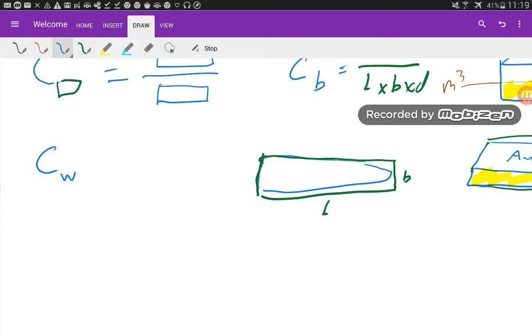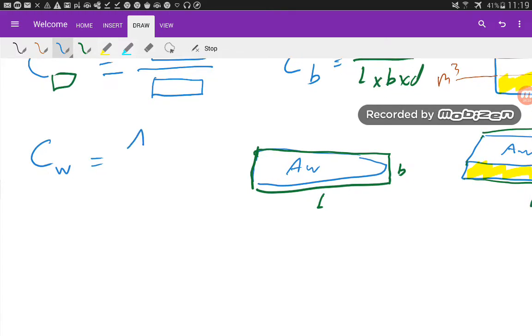So CW is the ratio of the water plane area over the bigger rectangle sitting around it, AW over L times B. Again, the units cancel and there is no unit.